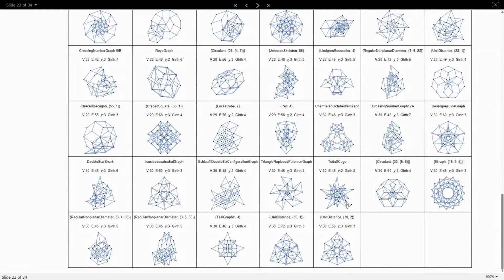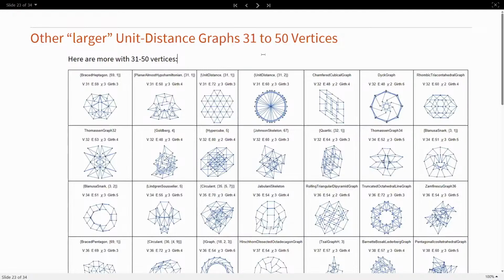And this is one way of drawing it with complete symmetry, where all edges are unit distance. And we can extend this to larger unit distance graphs.